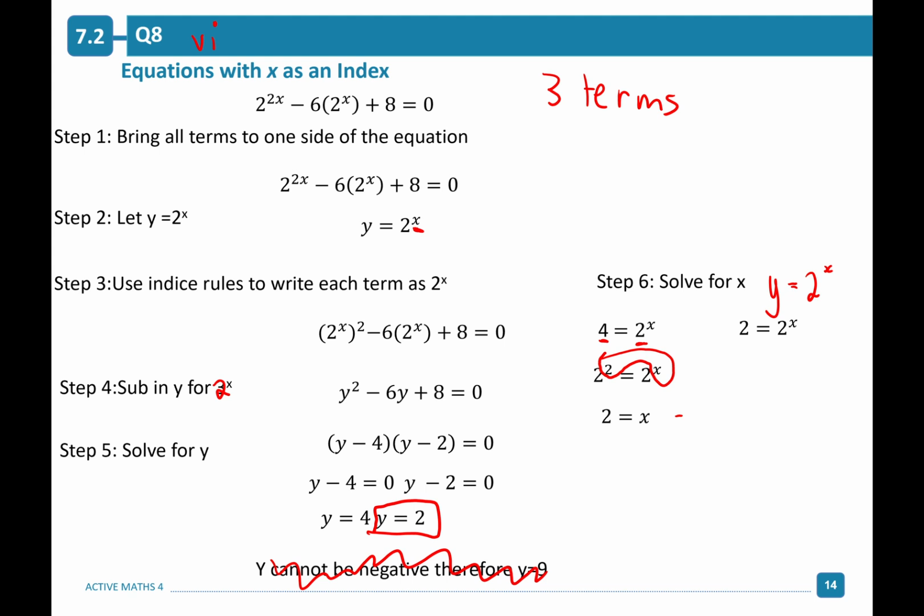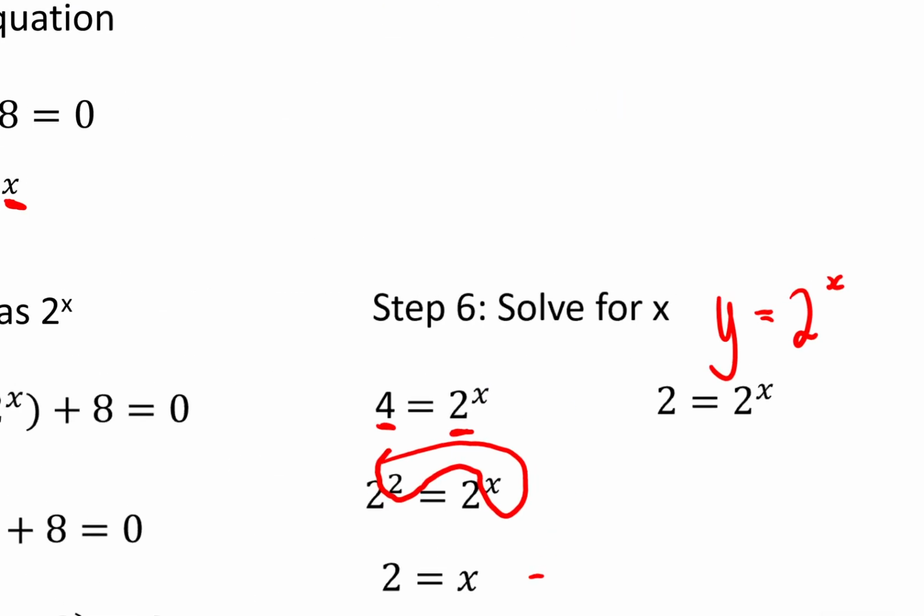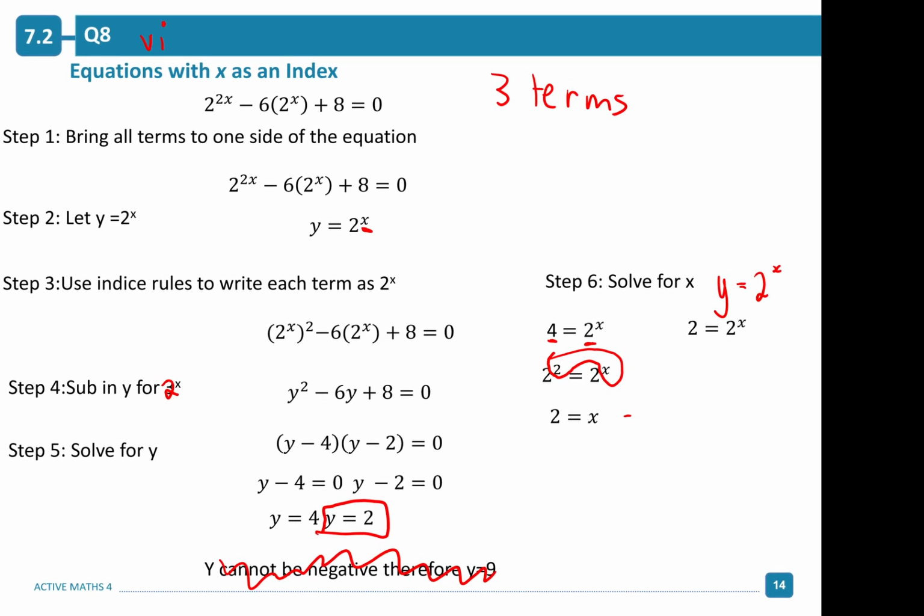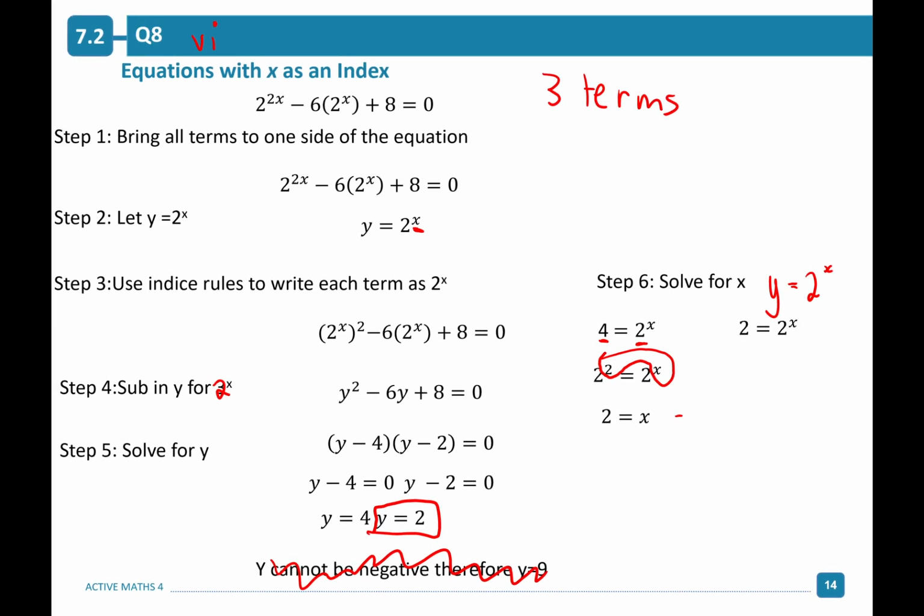So we must substitute in 2 for y and solve for x again. That means 2 is equal to 2 to the power of x. When you have no exponent, it's the same as writing 2 to the power of 1. That means that x is equal to 1 and x is equal to 2.